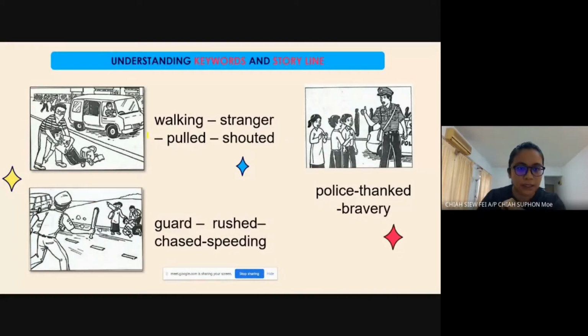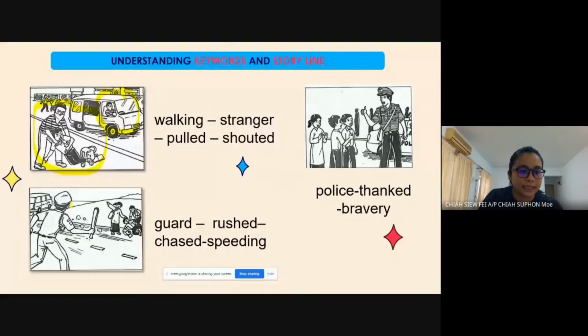So here in this picture, we can see that there is something happening here. Another thing is also happening here. In this picture, it involves two people: one very suspicious looking person, and what seems to be a schoolboy.